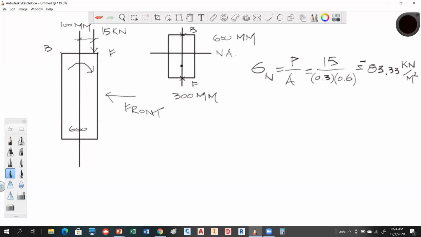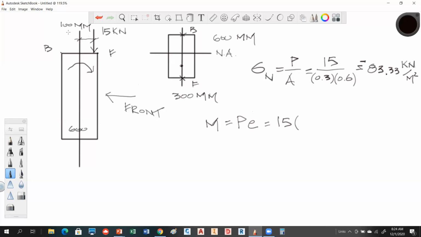Yeah. Okay, so now we have a moment going on here, right? So the moment is equal to P times e. P is 15 kilonewtons. What is e? That's the distance you're offset from the neutral axis, right?